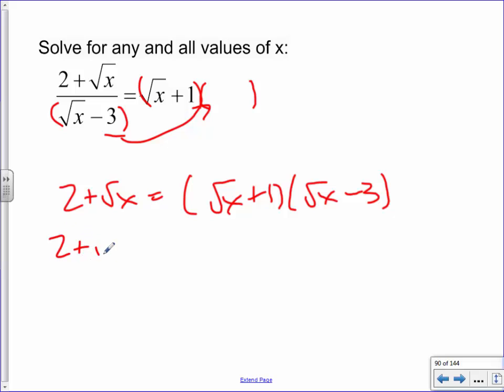So it's still 2 plus root x. Time to FOIL. Root x times root x is going to be x. 1 times root x is just a single root x. Minus 3 times root x is minus 3 root x. And 1 and minus 3 is minus 3. Let me know if I lost you on that.